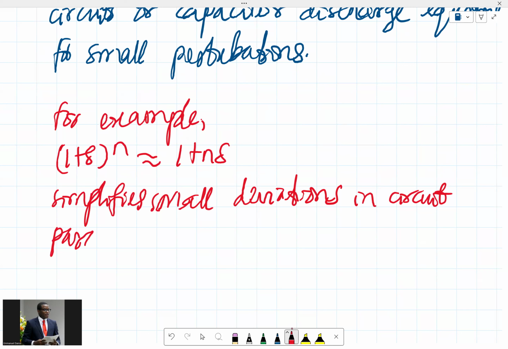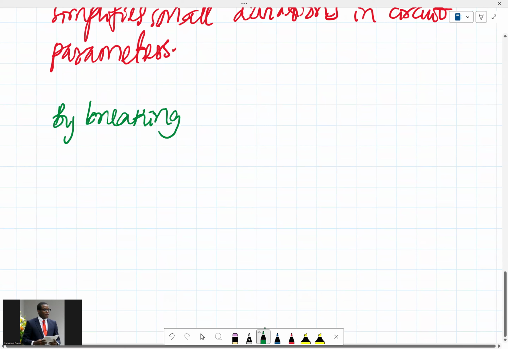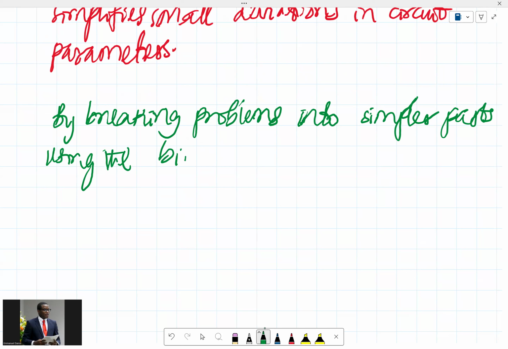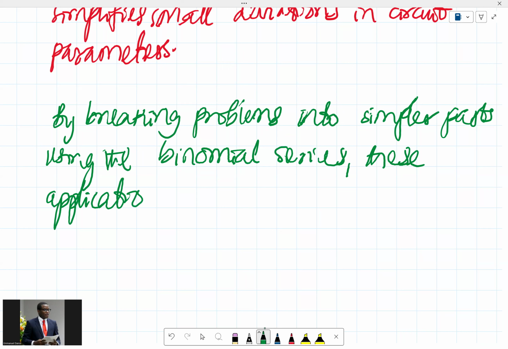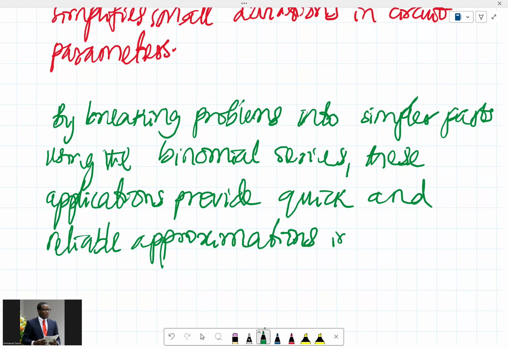In all, by breaking problems into simpler parts using the binomial series, we see that these applications provide quick and reliable approximations in various fields.